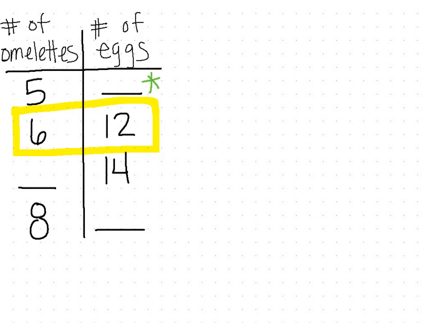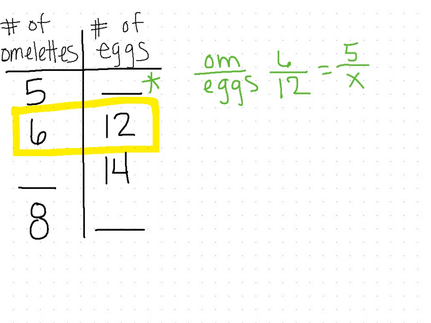So I'm going to first determine the blank with 5 omelets, how many eggs. So we can set up a proportion, omelets over eggs. And I know that 6 omelets uses 12 eggs. And I know that I'm going to make 5 omelets, but I'm not sure how many eggs I'm going to need.